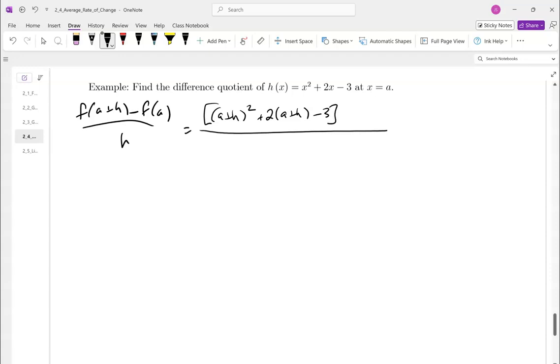We're just taking out the x, replacing it with a plus h. So we get a plus h quantity squared plus 2 times a plus h minus 3. The other part is what? Good. A squared plus 2a minus 3, and this is still all over h.